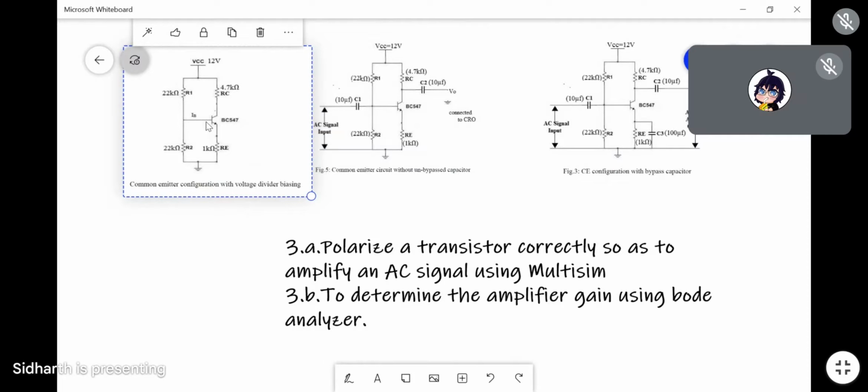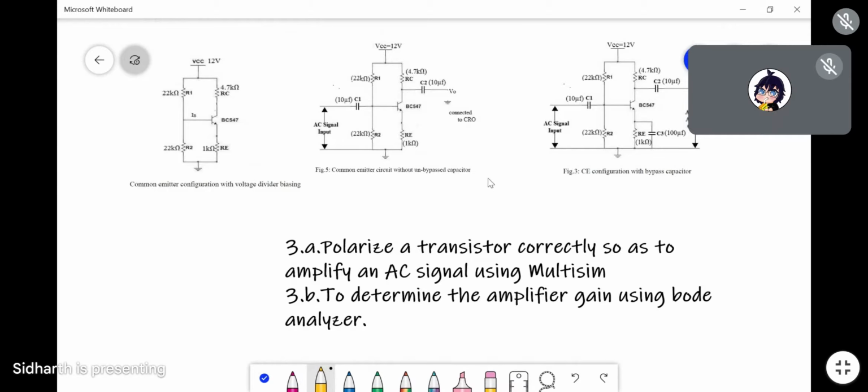The AC analysis can be done in two ways: without the bypass capacitor and with the bypass capacitor. C1 and C2 are the coupling capacitors, and C3 is the bypass capacitor.